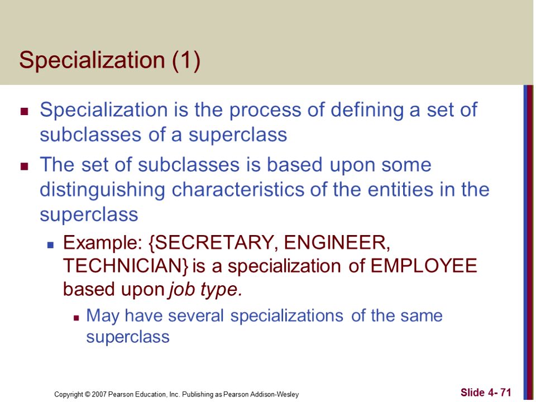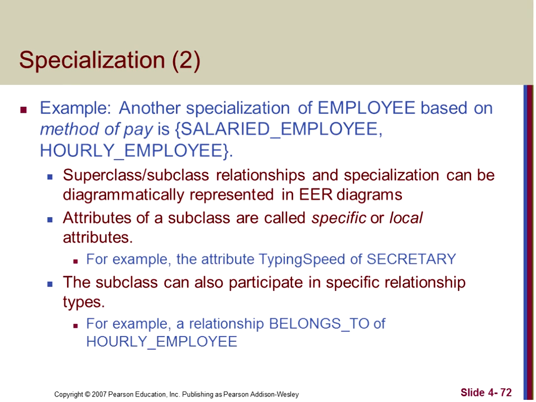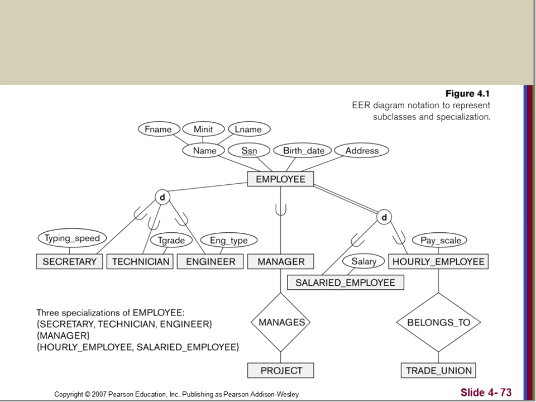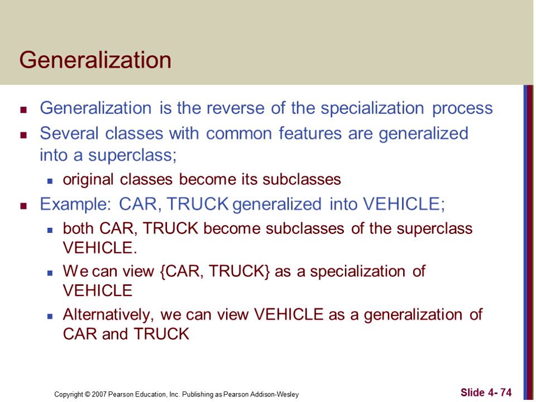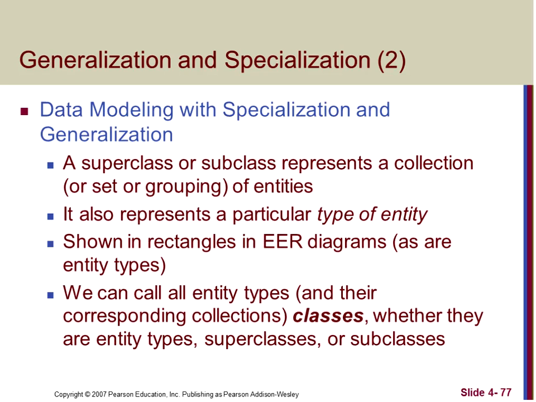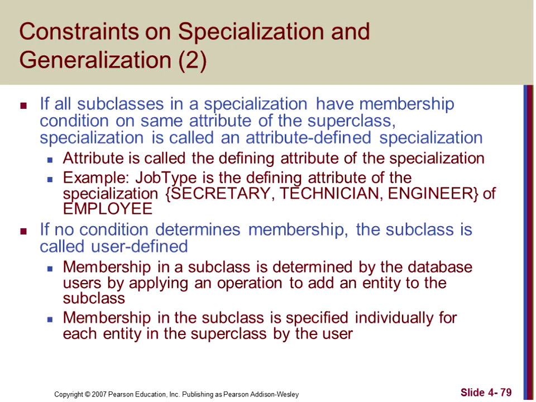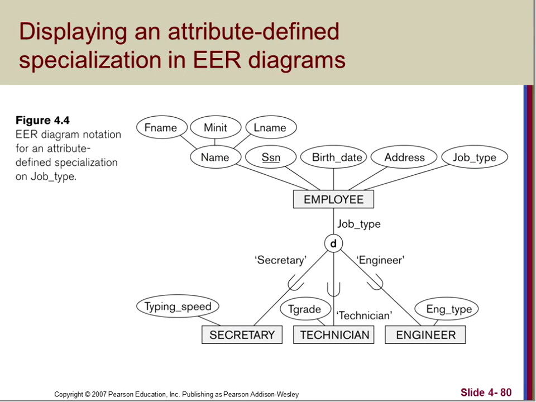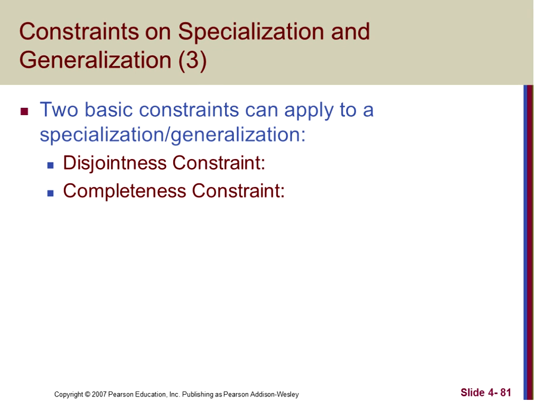Also, a subclass may have attributes. So this is an example of the employee. Disjointness and completeness: disjointness means it's either disjoint or overlap.